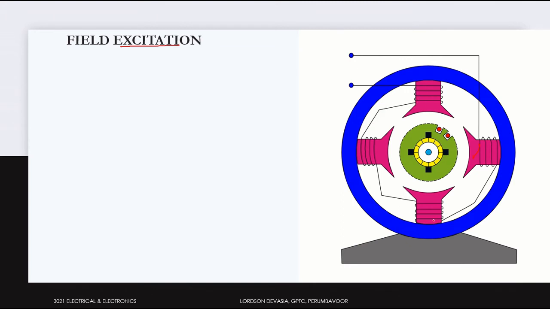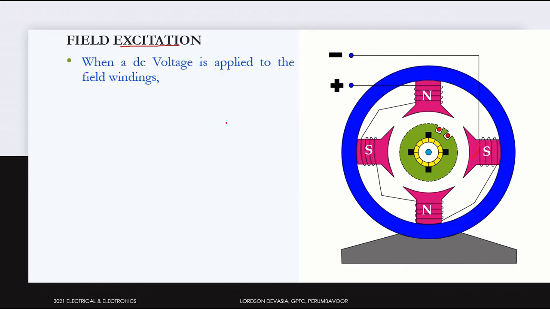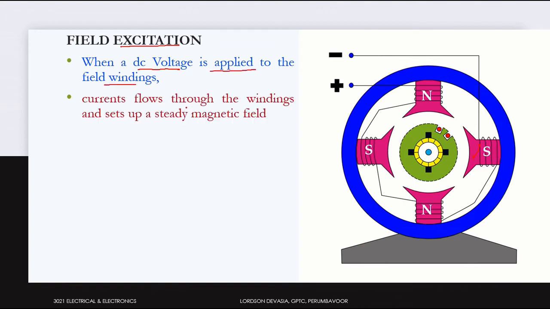These windings are connected in series and given a DC voltage that produces alternate north and south poles. Thus, when a DC voltage is supplied to the field winding, current flows through the windings and sets up a steady magnetic field, and this is called field excitation.